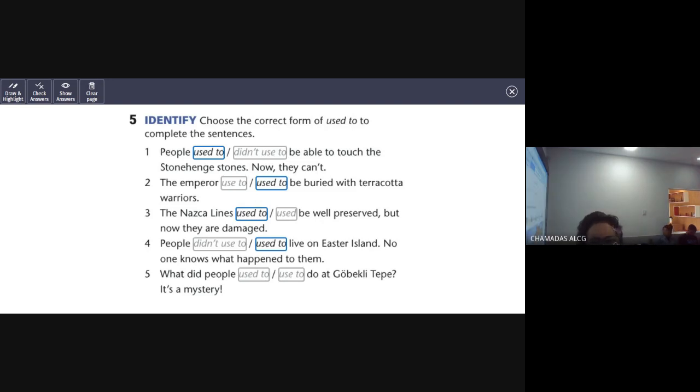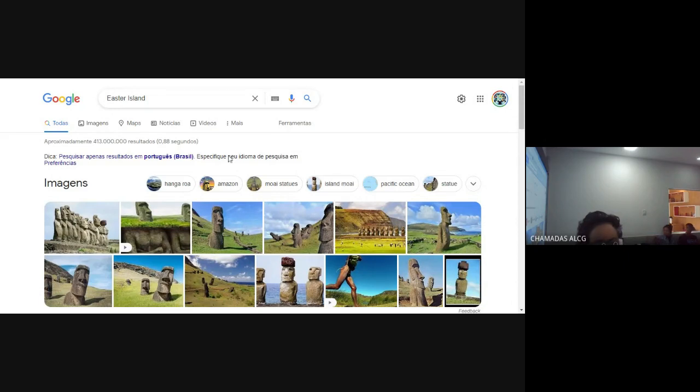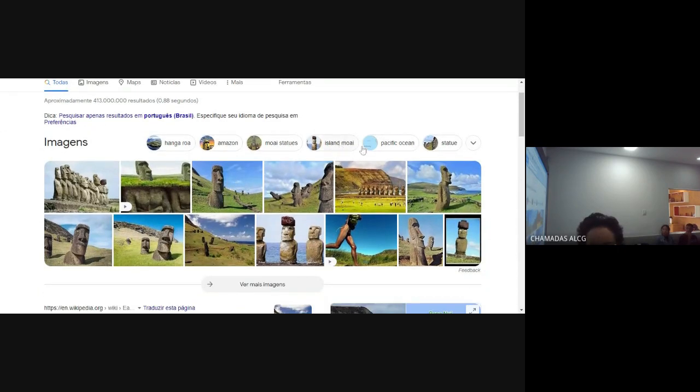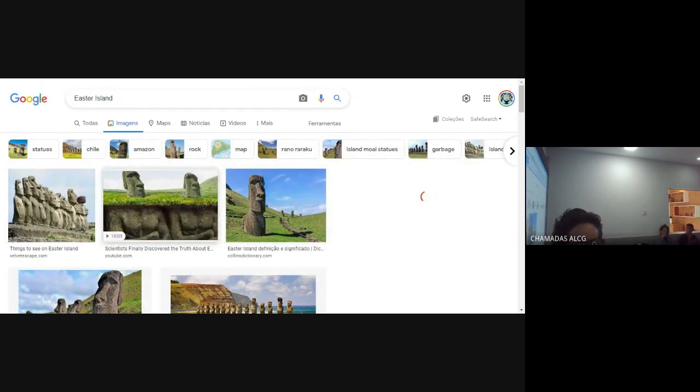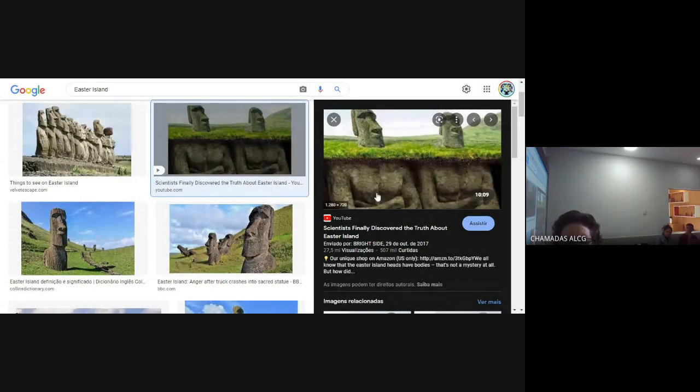Look, these are the sculptures. The island of Moai is in the Pacific Ocean. So look at the size of the sculptures. It's amazing. Check it out. How did they do that? Yeah, amazing.